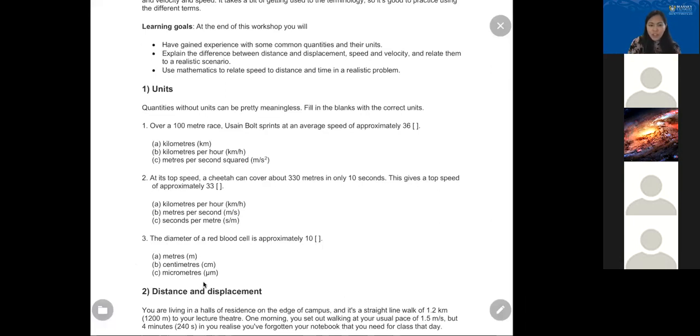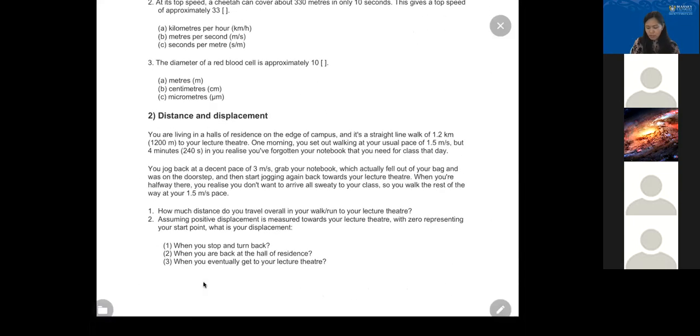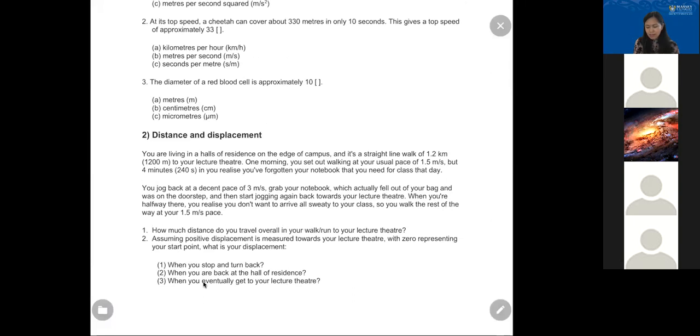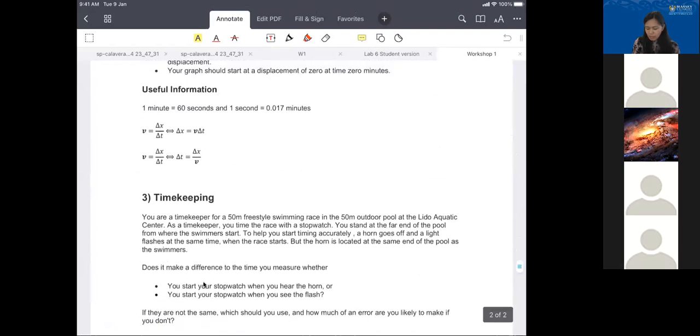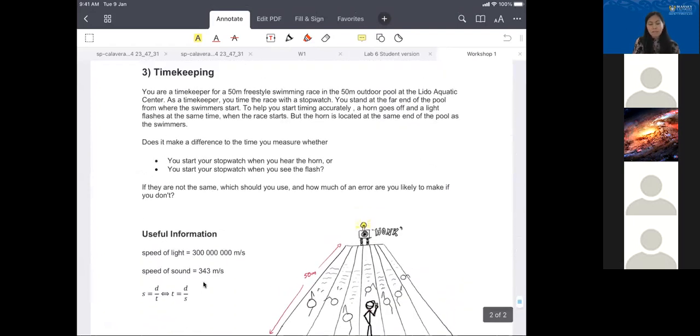The second question is learning more about the difference between distance and displacement. There will also be a question about speed and time, working out the relationship between speed, distance, and time.